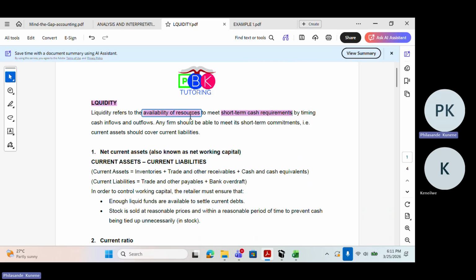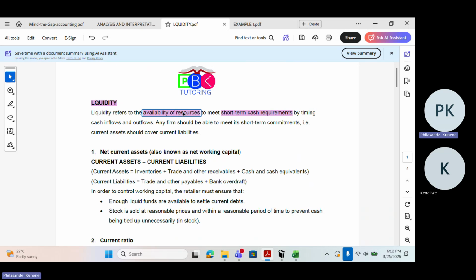We can also use our debtors. We can also use our inventory. Inventory is not cash, but we can call it a resource because it is an asset. That is an economic resource. Same with accounts receivable or debtors or trade receivables.